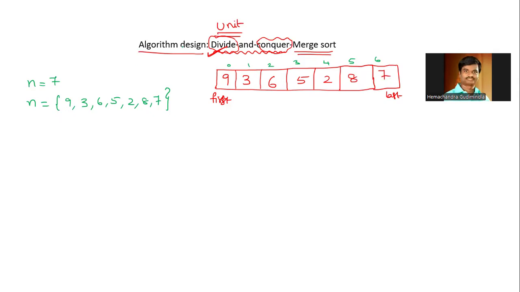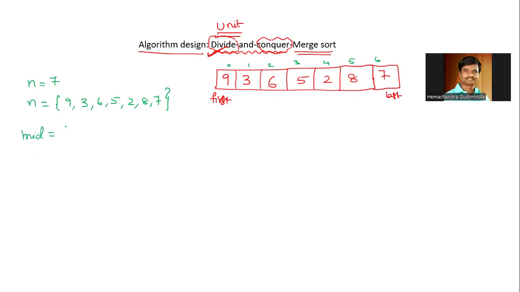Now, as the name indicates, divide. So we have to divide the array into small portions. There are 7 elements here. We have to divide the array into two pieces. So first, how are we going to do that? First we have to find the midpoint of the array.